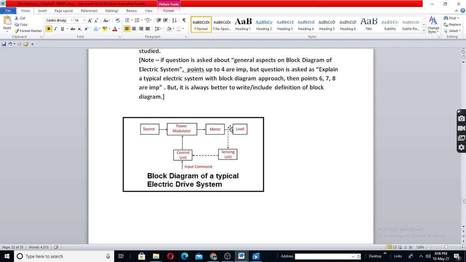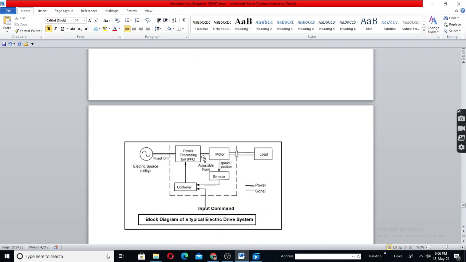You are sensing the speed of the motor and giving the feedback signal to the controller, which will keep the motor at the right speed. So this is an example.